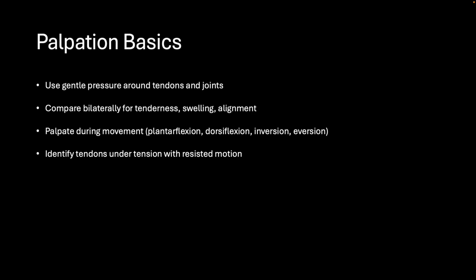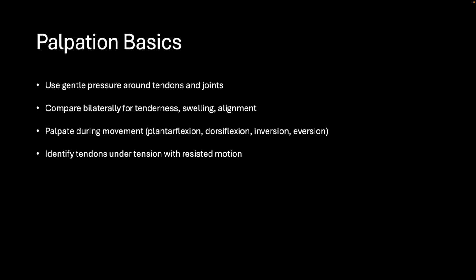So again, our palpation basics are kind of the same for every part of the body. You're going to start gentle, right? Gently try to feel around for tendons and joints. You can start doing range of motion with the ankle to see if something pulls a little bit different. Compare both sides. We're looking for tenderness, swelling, and the alignment with both sides. Because some people have had multiple ankle or foot injuries, and you can actually tell a big difference.